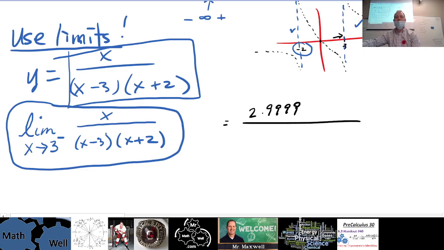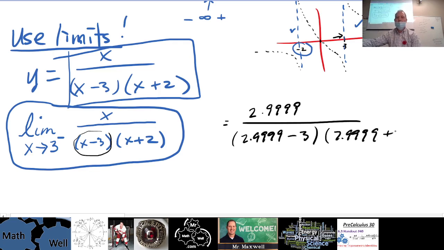What's going to happen to this factor now as x approaches 3 from the left? So I've got about 2.9999. Let's just make a number that's really close and stick it in there. And this one is going to be like 2.9999 plus 2. So this is what you're thinking in your head.